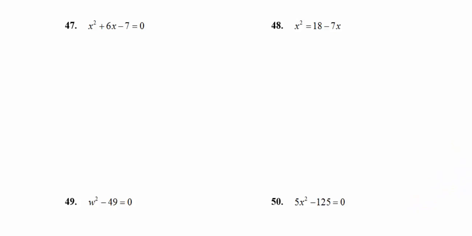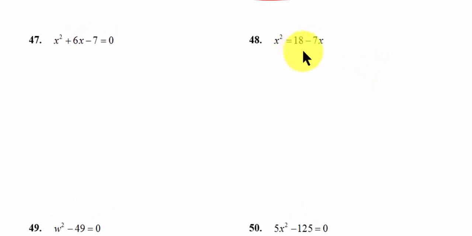Okay, so problem 48 is not in standard form, so we want to make sure we keep the coefficient in front of the x squared positive, and we want to have 0 on one side of the equation. So you could bring the x squared over to the right, but the problem with that first step would be you'd have a negative x squared on the right side of the equation.